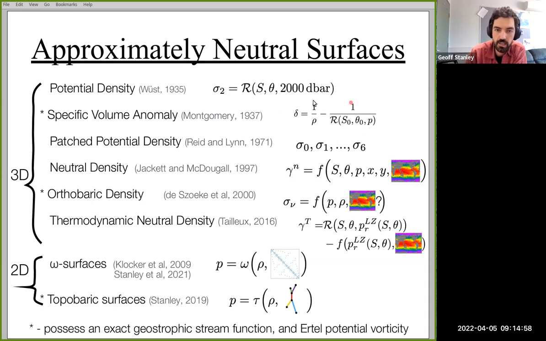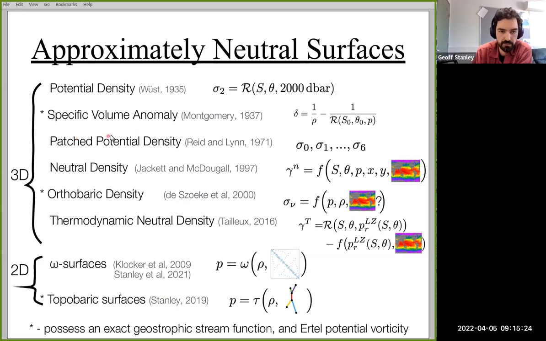And actually, I feel like this one, specific volume anomaly, doesn't get used enough. It's quite great. In terms of accuracy, in terms of neutrality, it's similar to potential density. So there's no downside there if your alternative is potential density. But the nice thing about it is that it has an exact geostrophic stream function and an Ertel potential vorticity. So it's quite useful in terms of these oceanographic properties.